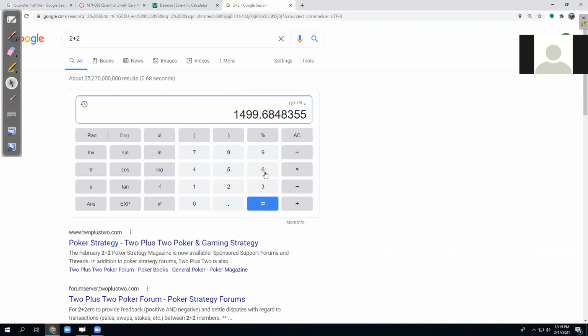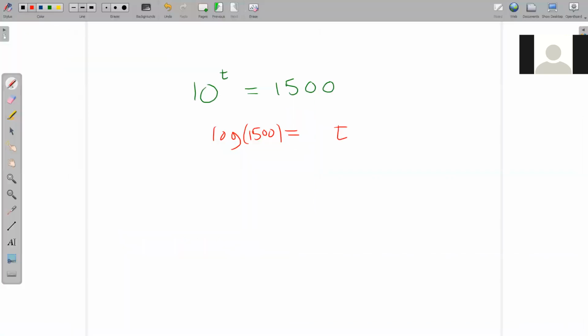And the calculator should say it's pretty close to 1500. Now I rounded, so I didn't get the exact answer. I need more decimal places to get closer, but I'm going to say that's good enough right there. So it looks like my value of t here is approximately 3.176. And I checked it and got close to 1500.